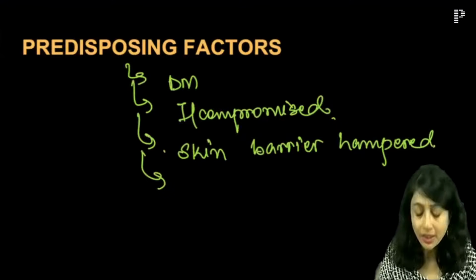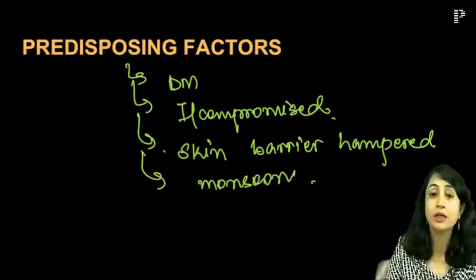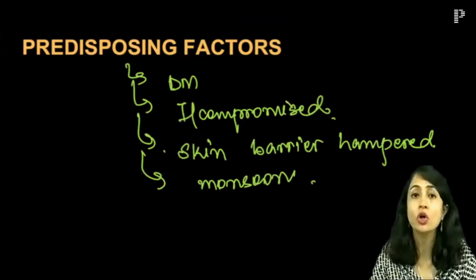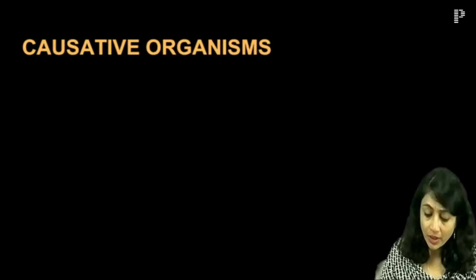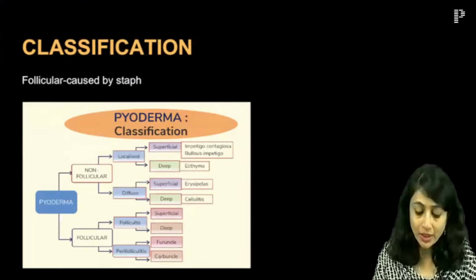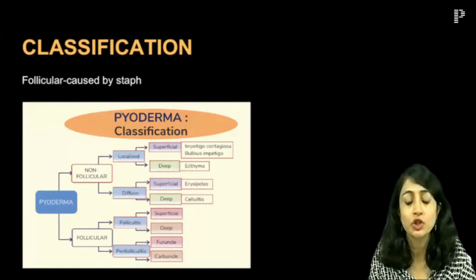Bacterial infections are also more common in monsoon season because in that season there is more colonization of pathogenic bacteria in human skin. The causative organisms I already told you. Now, how do I classify bacterial infections of the skin?